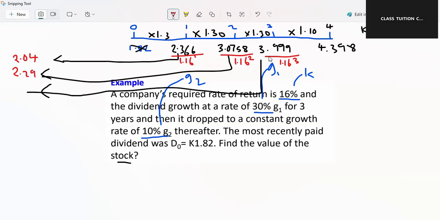Then here we discount this one, 3.999 divided by 1.16 to the power 3, we get 2.56.